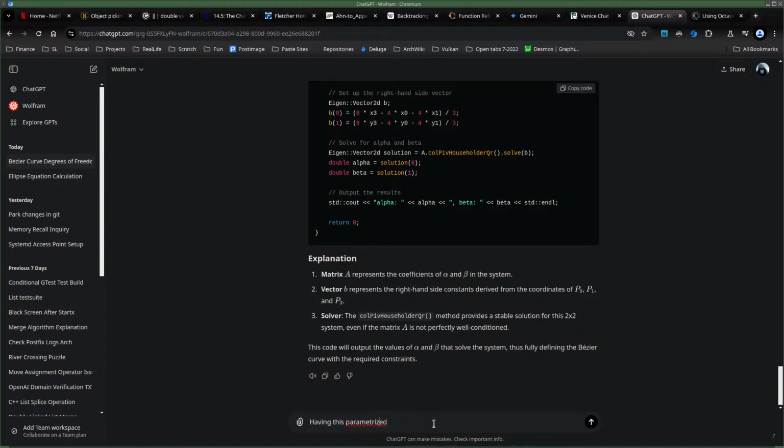How do you write parameterized like this building?